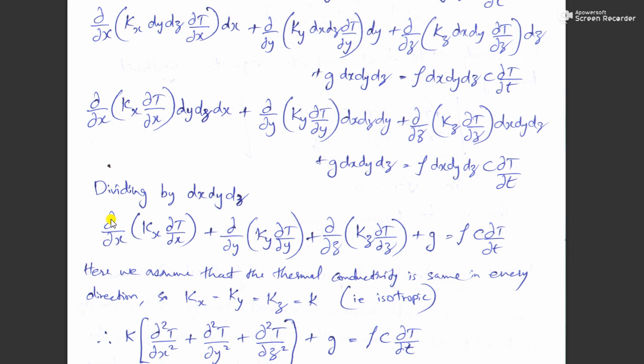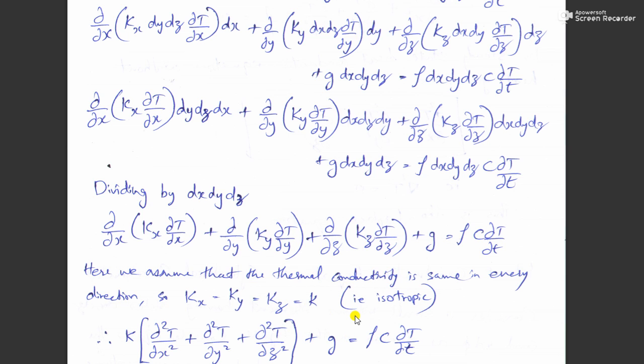Now the remaining terms will be dou by dou x of kx dou T by dou x plus dou by dou y of ky dou T by dou y plus dou by dou z of kz dou T by dou z plus g is equal to rho c dou T by dou t. Here we assume that the thermal conductivity is the same in every direction, that is, the material is isotropic. Kx is equal to ky is equal to kz is equal to k.